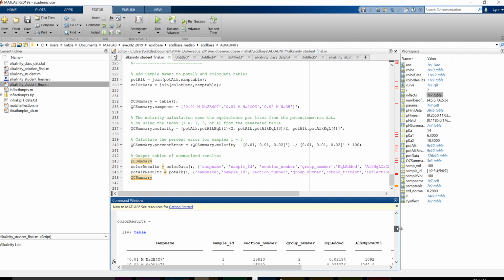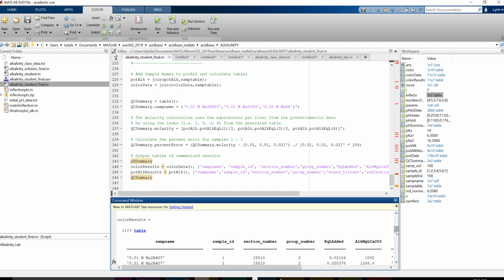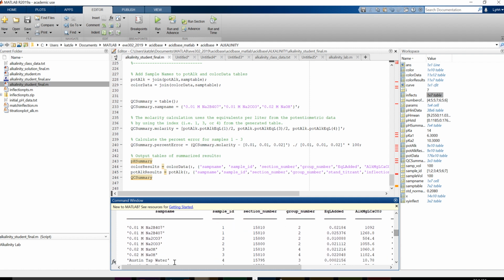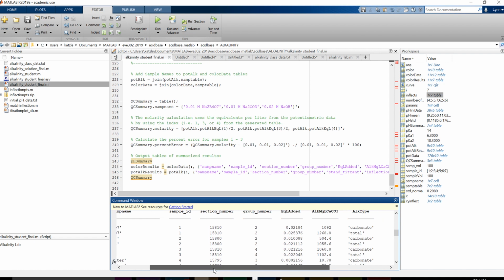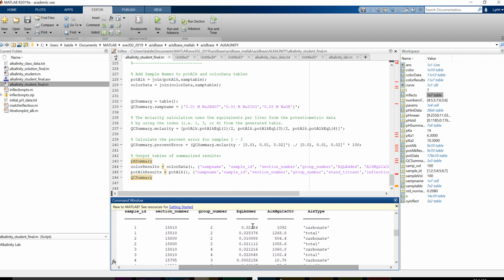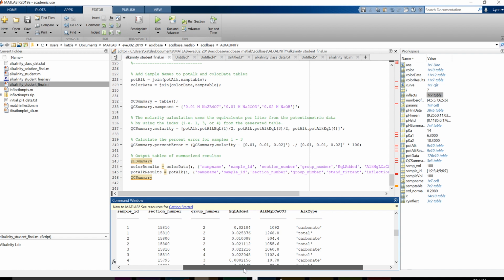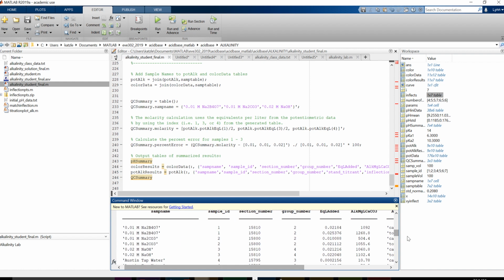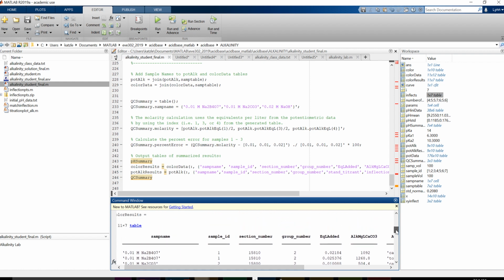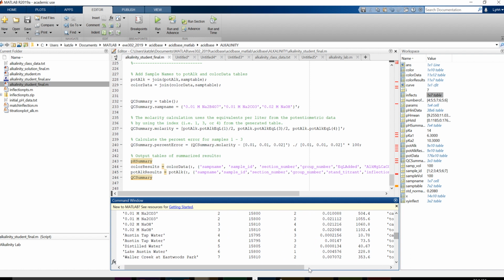Okay. The next table summarizes the results where the alkalinity was determined using the indicator colors, and you can see that the samples are ID'd by their number. Here's the sample name, which group it came from, and the equivalents per liter that were added to get to that endpoint or equivalence point. In this case, this was based on the color change results.